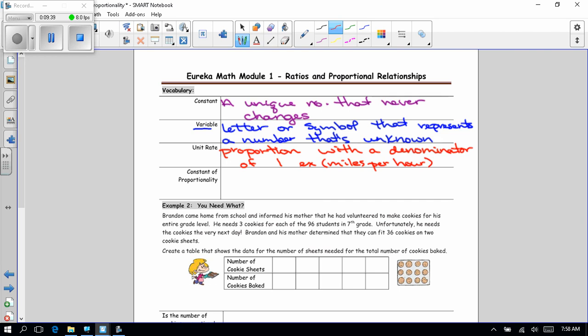And then there's constant of proportionality. This is our key for today, right? This is the big one that we need to know.